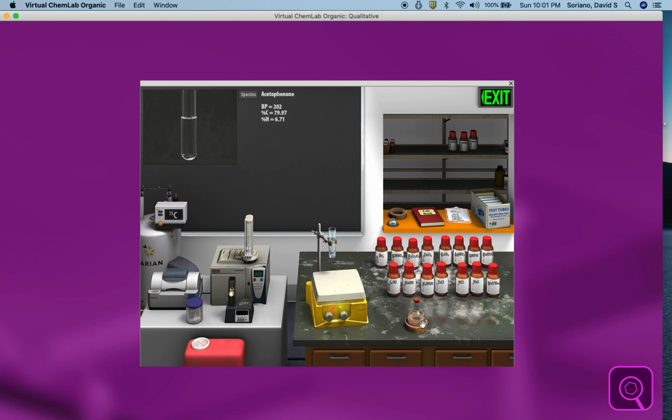I'll put another sample. And now I'm going to treat it with iodine potassium iodide. That should react. And we're getting an iodoform reaction, I would presume.